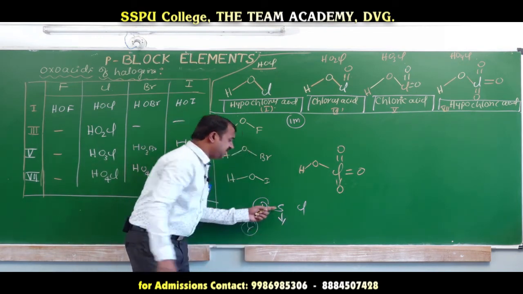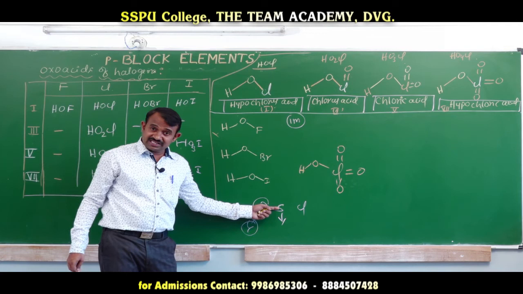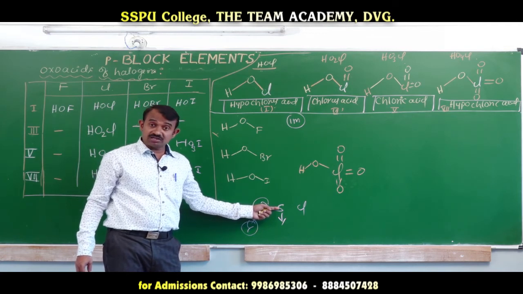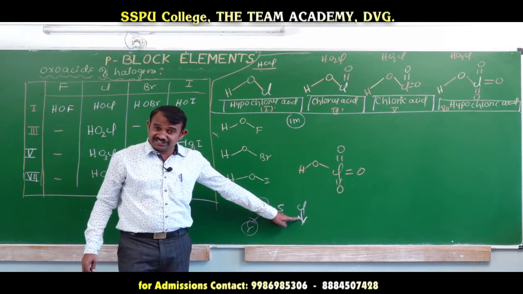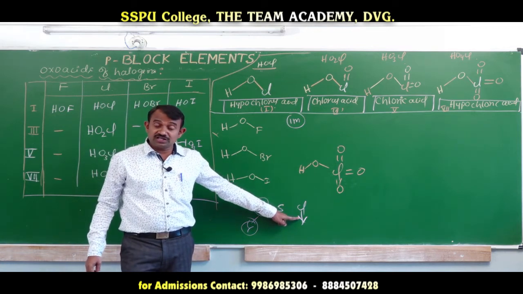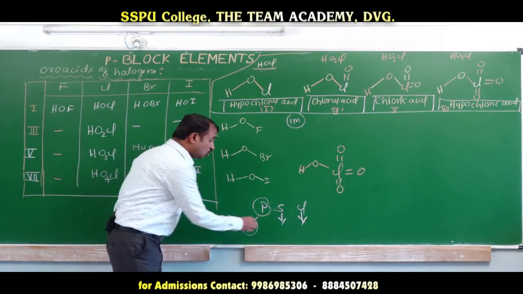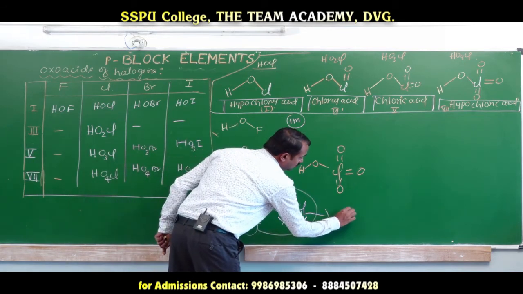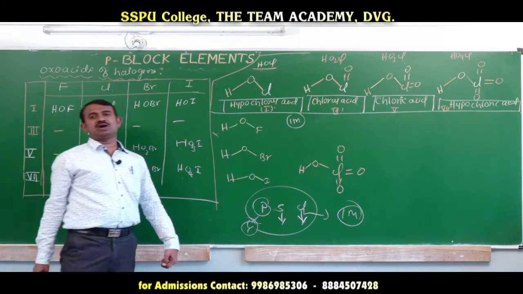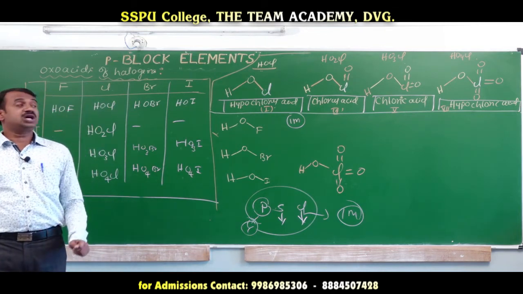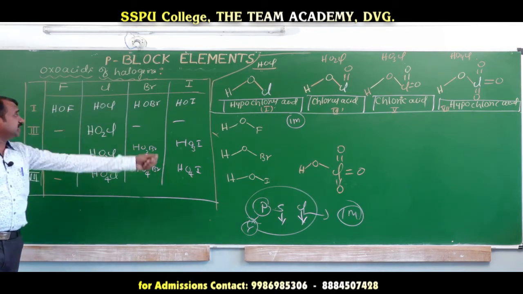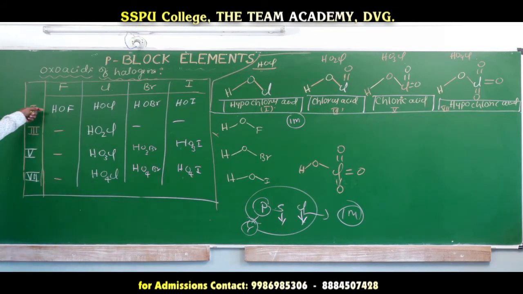Sulfur related: sulfuric acid, sulfurous acid, pyrosulfuric acid, peroxysulfuric acid. Chlorine related: hypochlorous acid, chlorous acid, chloric acid, perchloric acid. Total 12 structures, they will ask a 1 mark question. Any one they will ask in board examination as well as entrance examination. You should know the structure. These are all oxo acids of halogens.